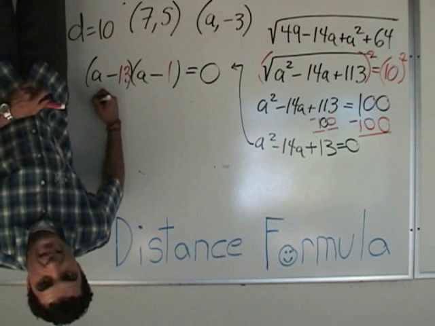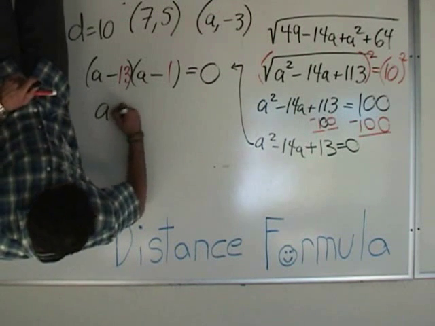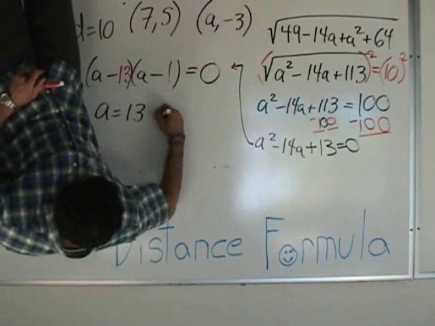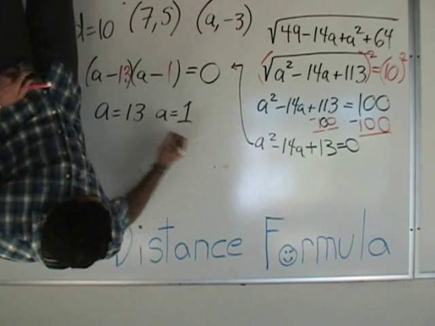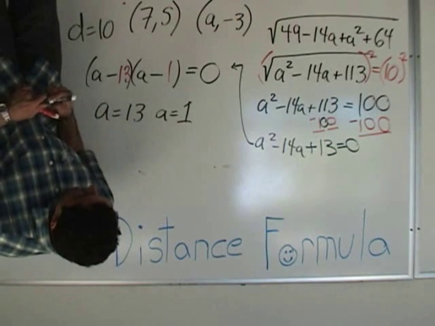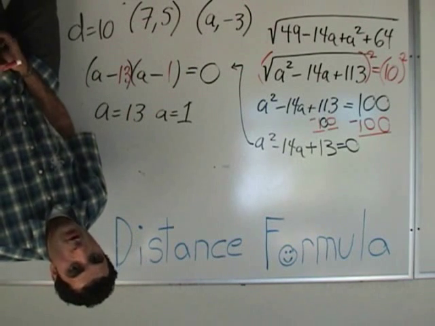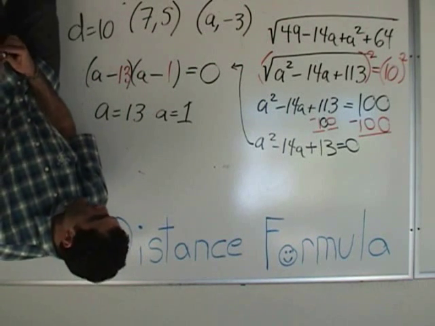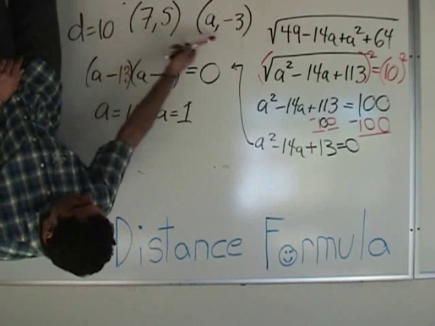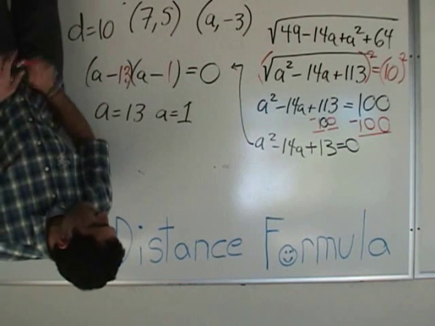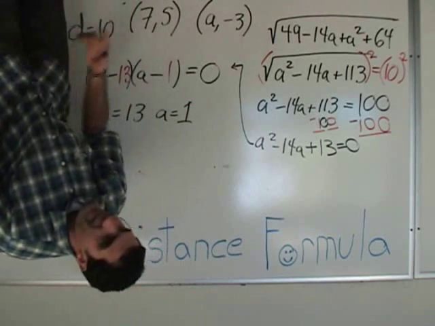So a equals 13, comma, 1. So the two possible values for a here are 13 or 1, given a distance of 10 between these two points.